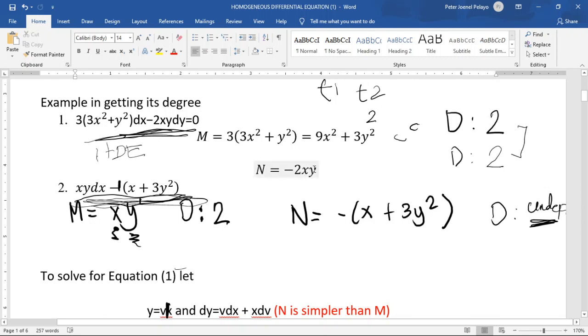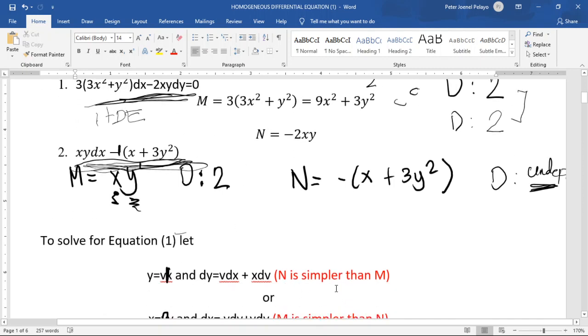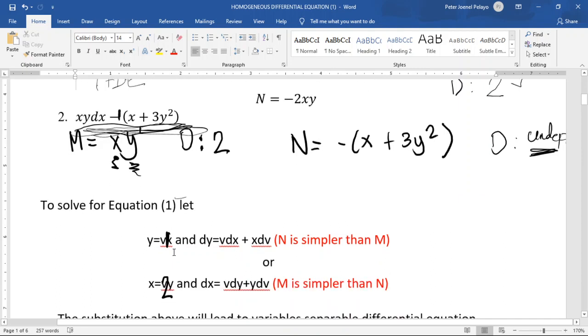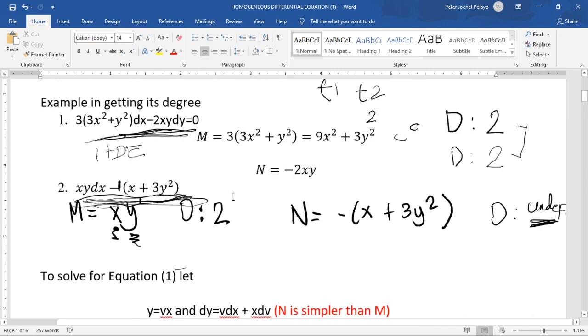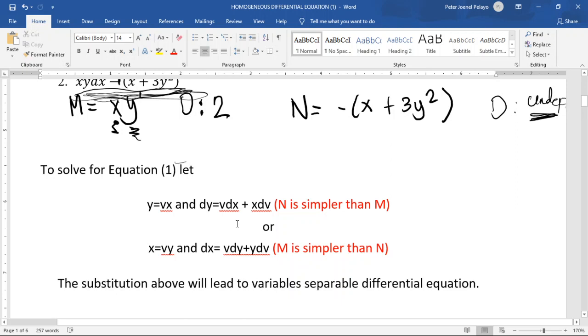So, for this instance, this differential equation, ang gagamitin natin is y is equal to vx and dy is equal to v dx plus x dv. Kasi nga, mas simple si n kaysa kay m. Okay? So this substitution will lead to variables.